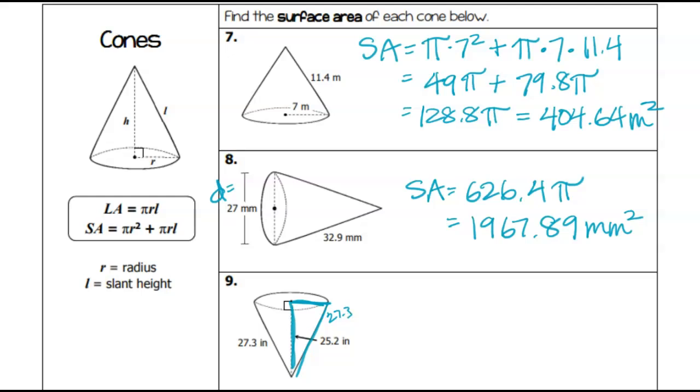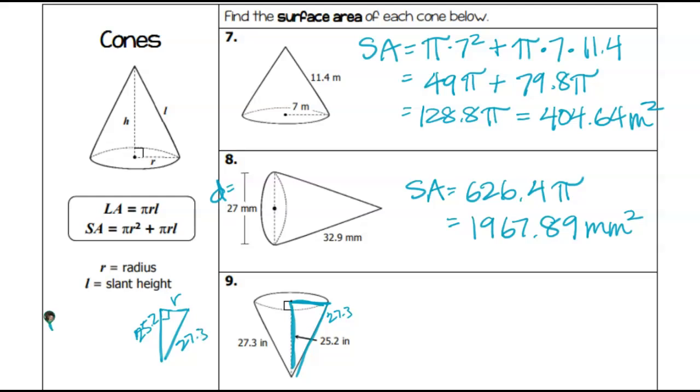So I'm going to use that Pythagorean theorem again. I have my triangle here like this, that is a right angle. The height is 25.2, and then my radius is unknown, and then my 27.3 here. So I'm solving for A or B this time.